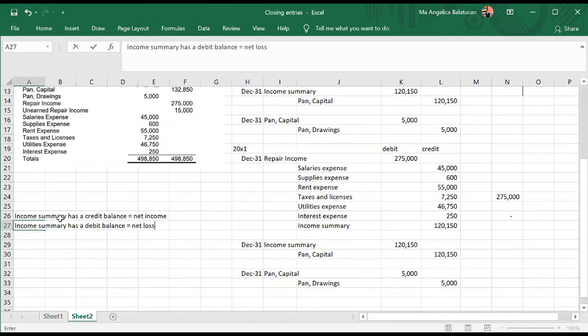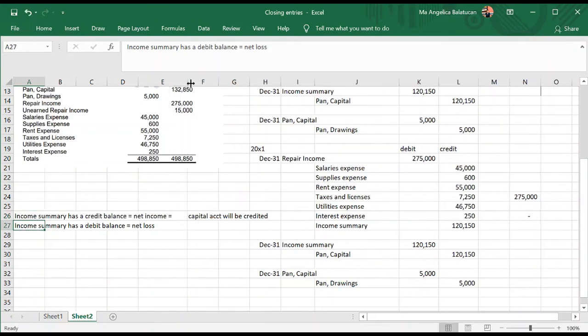And if there is a net income, it will also mean that your capital account will be credited. Okay? Sorry. Capital account will be credited. Okay?